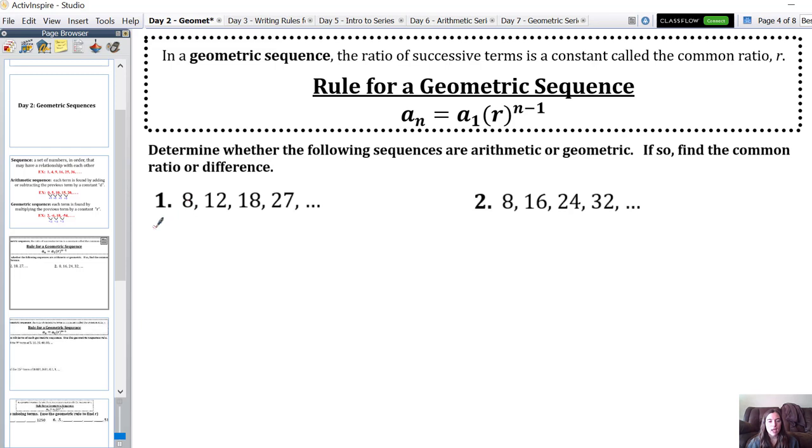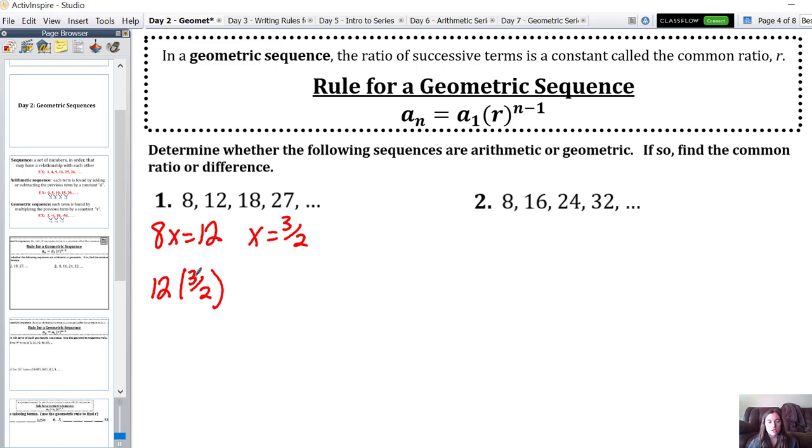So, to get from 8 to 12, I want to see what I'm multiplying by. So 8 times something should give me 12. When I divide by 8 and simplify, the thing that I would multiply here is 3 over 2. Let's keep checking that for every single value. To get from 12 to 18, let's see if 12 times 3 over 2 is 18.